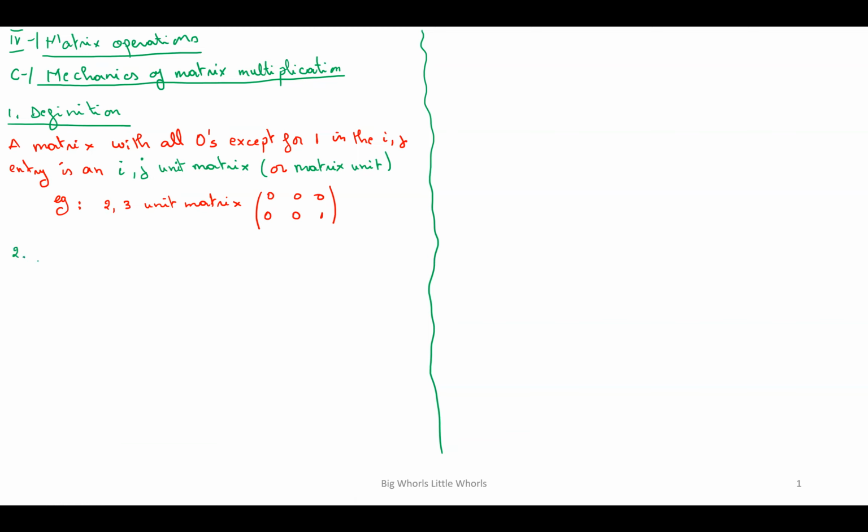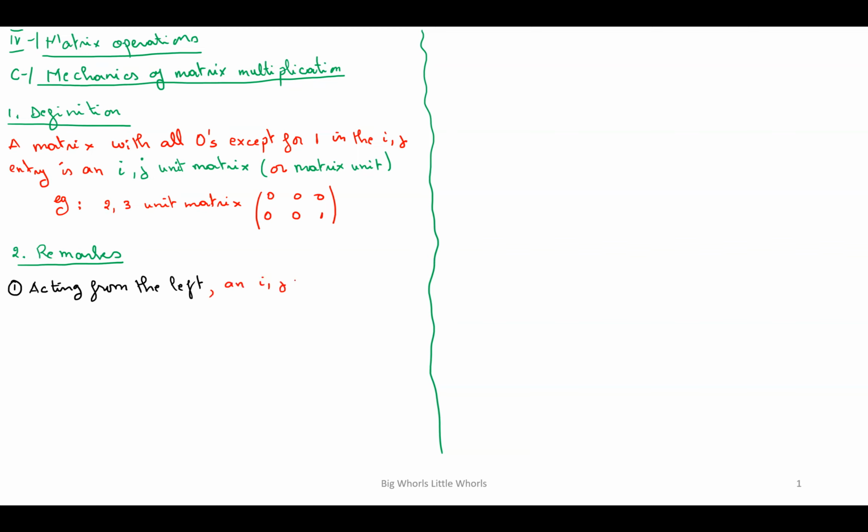So let's do a small remark here. Remarks: we are going to multiply an ij unit matrix acting from the left.